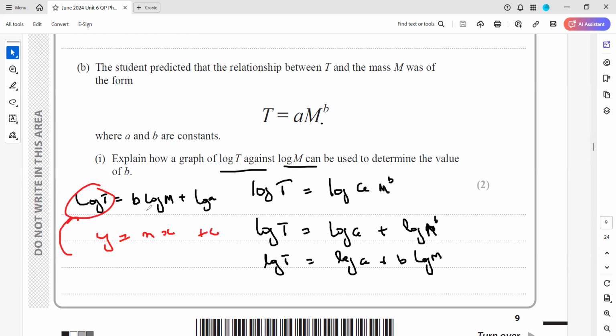On the y-axis, if you have log T, and on the x-axis, if you have log m, what will be the gradient? The gradient will be equal to b. And the y-intercept will be equal to log a. So we simply plot a graph of log T on the y-axis and log m on the x-axis, and the gradient will be equivalent to b. Is it clear, this one?